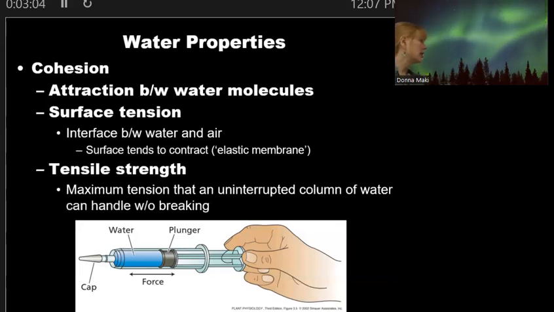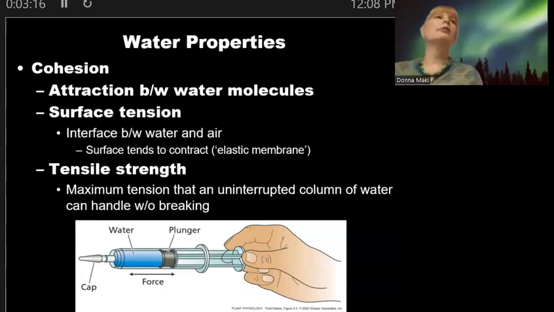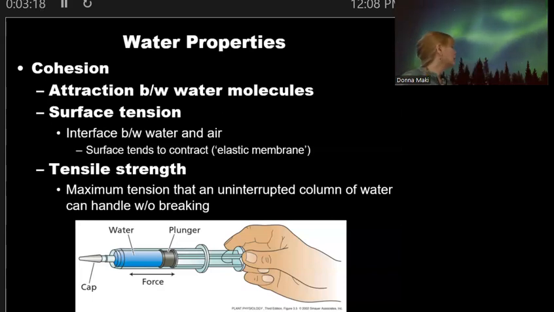And then tensile strength as well, which sounds weird to think about when you're talking about water, liquid water, because usually I think about tensile strength of like steel. If they're going to be building some skyscraper, you have to know the tensile strength of the different metals and so forth. But water can display tensile strength as well.